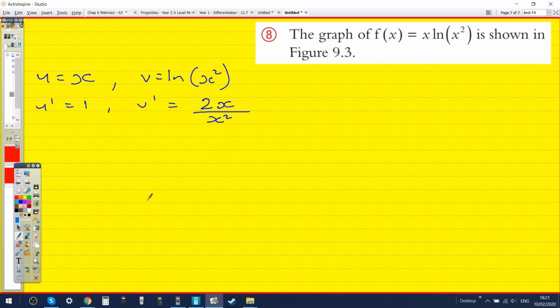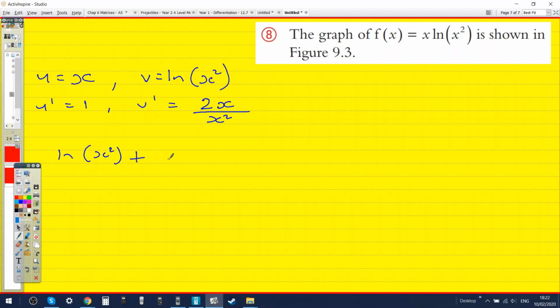So then you do u dash v plus v dash u, which becomes ln x squared plus x times 2x over x squared.